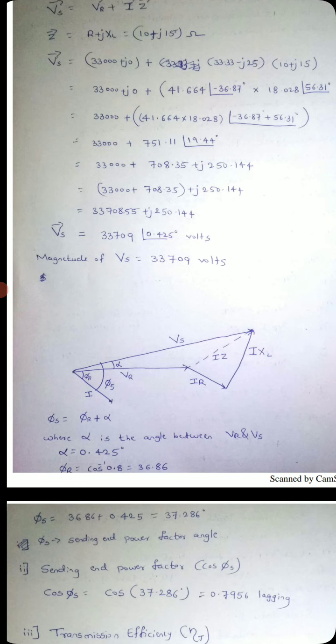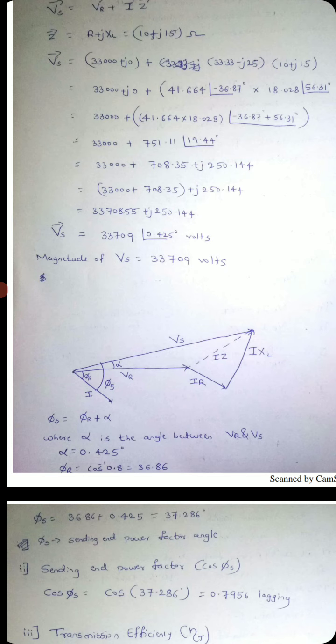By writing the phasor diagram with Vr and Ir, phi s is the angle between the current and the sending end voltage. So phi s is equal to phi r plus alpha, where alpha is the angle between Vr and Vs. The angle we got, 0.425, is alpha, because we have taken Vr as the reference.